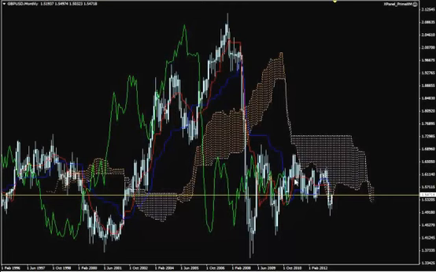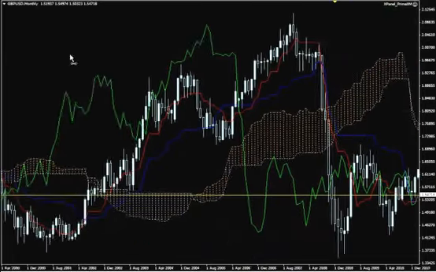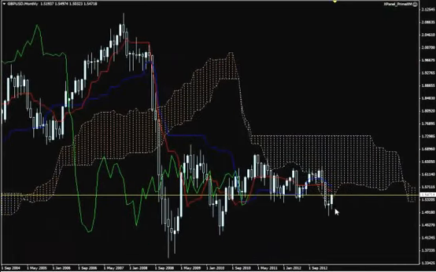It has been moving sideways in a consolidation mode, but my instinct tells me that after this strong hammer candlestick here, let's magnify the chart, and after this very, very strong bullish monthly candle here, a big move upwards is going to happen.